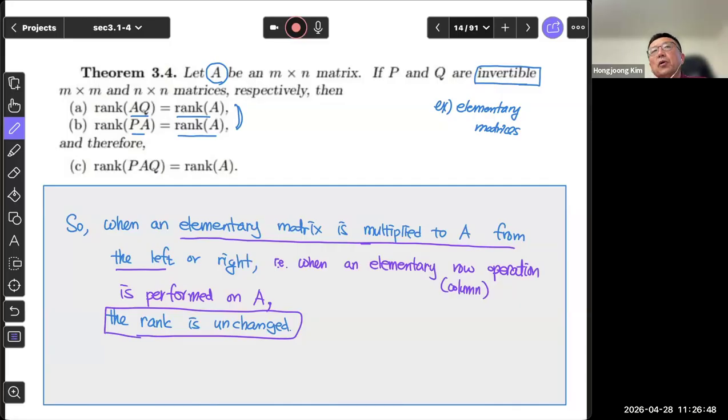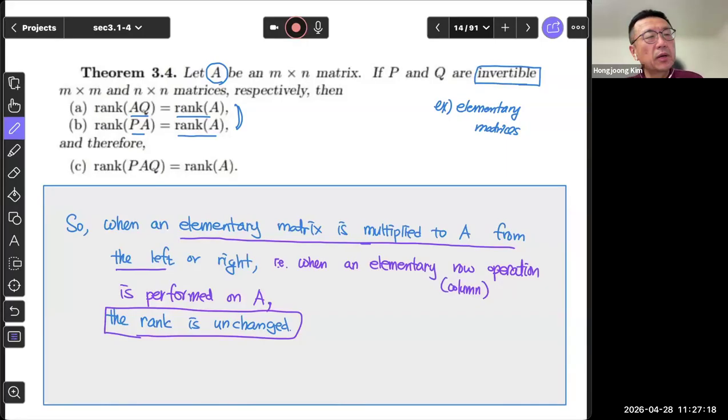So when I consider this theorem 3.4, the theorem says when you multiply any invertible matrix, the rank is not changed. And as a special case, an elementary matrix is invertible. So theorem 3.4 says when I multiply an elementary matrix to any matrix, the rank is not changed.